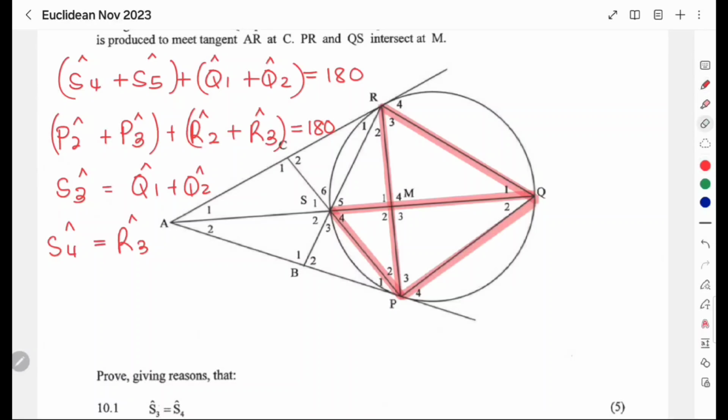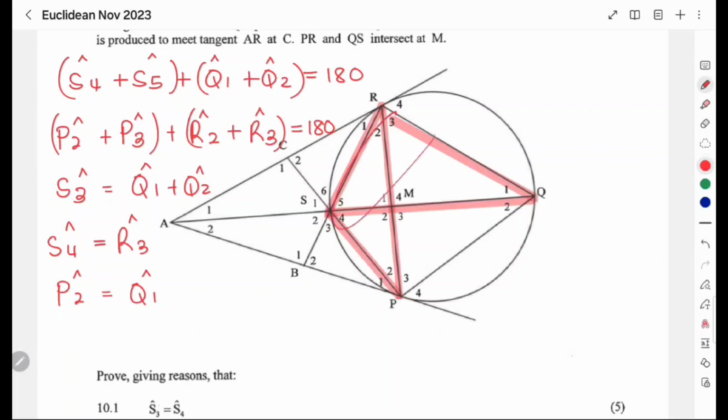In addition to this, we can also see that the chord RS subtends the angle P2 and the angle Q1 at the circumference. So it is going to be P2 is equal to Q1.